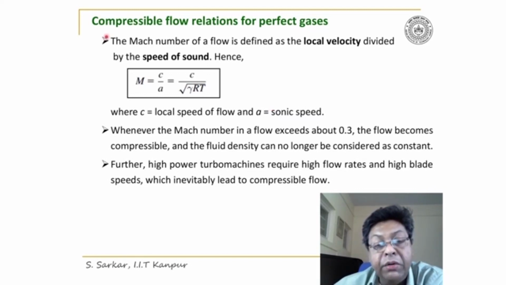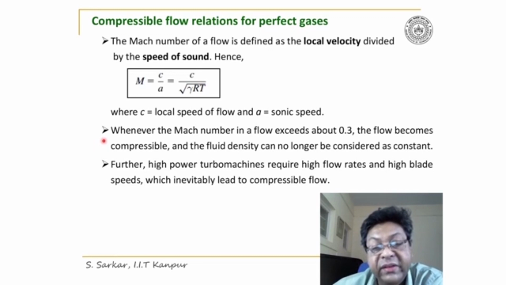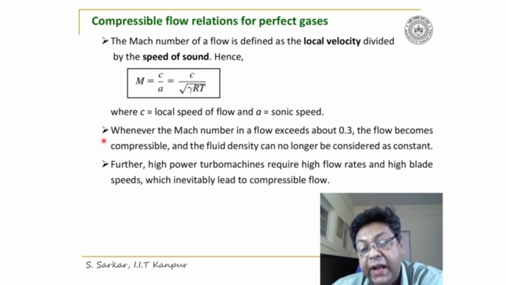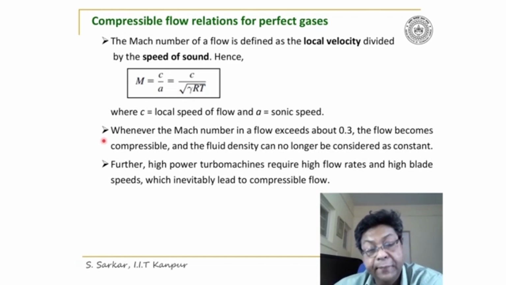Now, another very important point I would like to remind you: whenever the Mach number in a flow exceeds about 0.3, the flow becomes compressible and the fluid density can no longer be considered constant. For example, air is a compressible medium, but if the air speed is less than Mach number 0.3, then air can be treated as an incompressible medium.